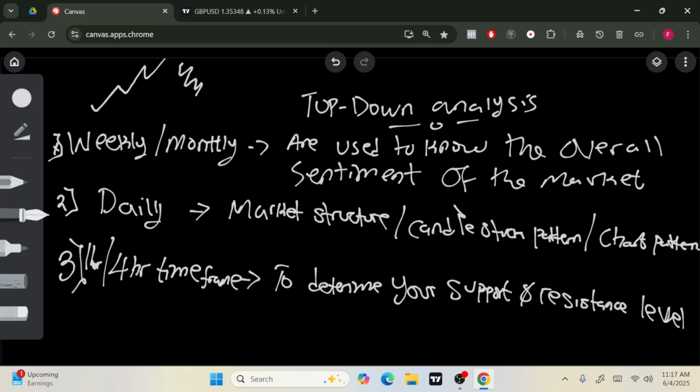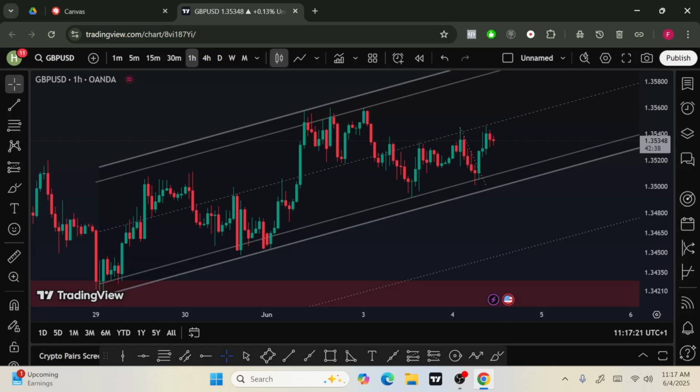Now, let's go to our currency pairs. What pair is this, guys, everyone? GBP USD. And I said for you to know the overall sentiment of this market, you need to come to what?